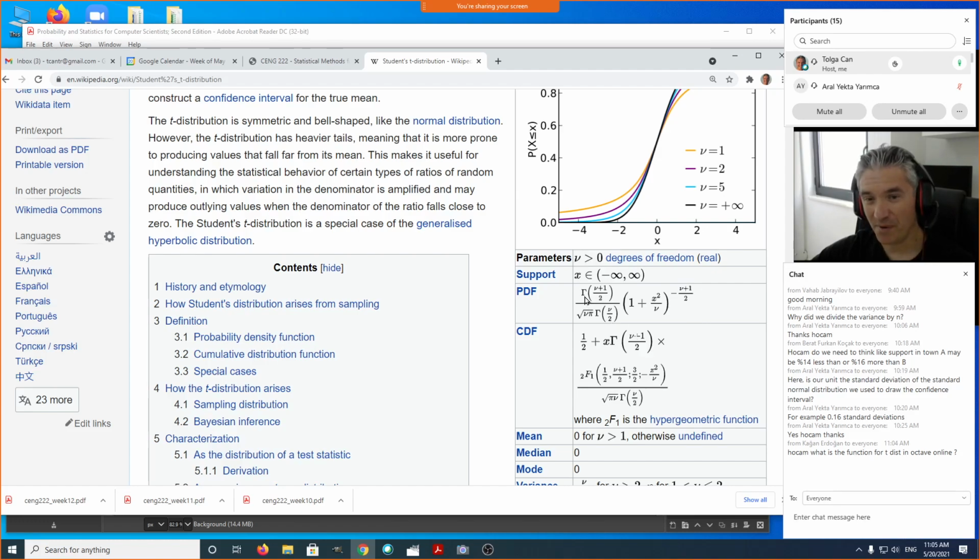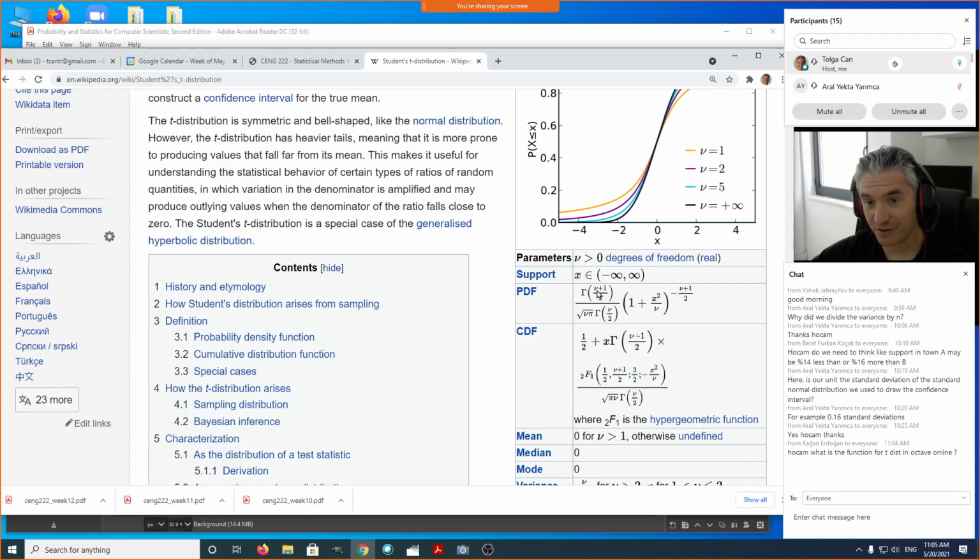It uses the gamma function. We know this gamma function is like n minus 1 factorial, so this is (v plus 1) divided by 2 factorial. This gamma function is the same thing we use in our gamma PDF. Divided by the degree of freedom, so this v here is the degree of freedom.